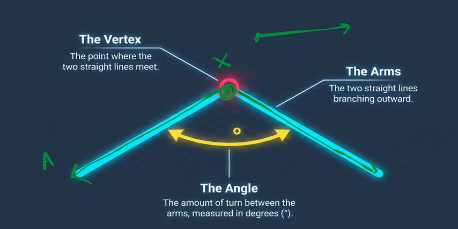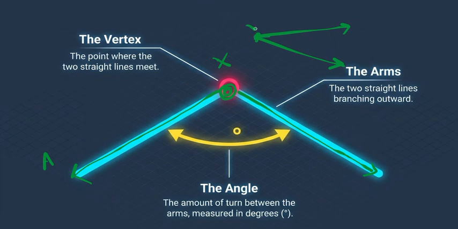We have to take two rays in such a way that the starting points of these two rays are the same. How will the starting point be the same? When both rays start from the same point, then they have the same starting point.